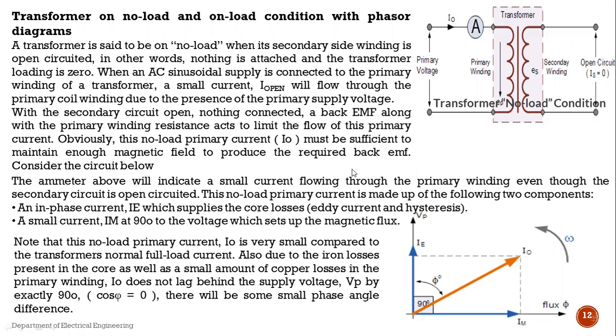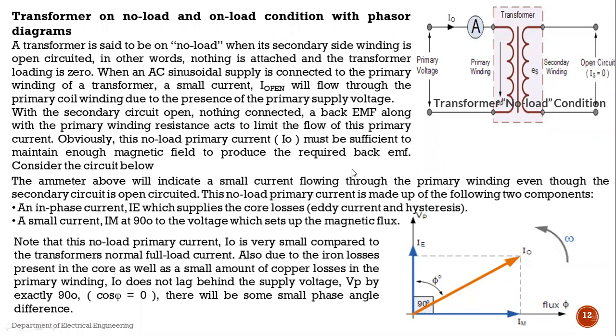But the transformer will still take some current from the supply, that is the no load current I0. This no load current I0 is the summation of two vectors, one is IE and another is IM.